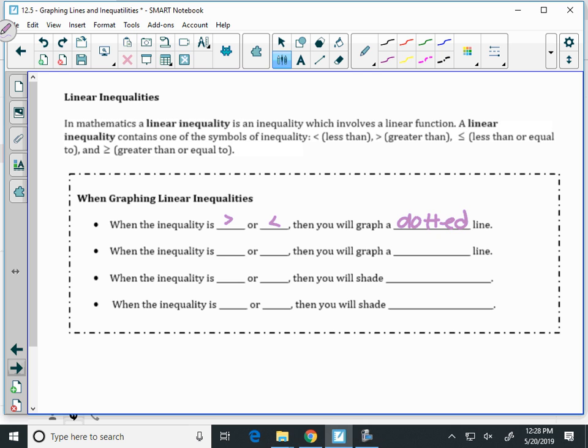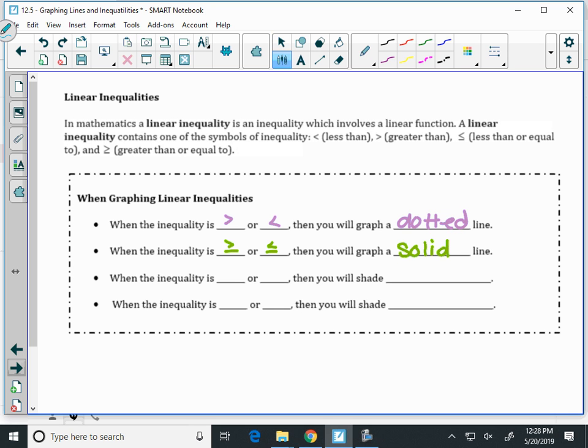If there is a line underneath your inequality, so it's greater than or equal to, or it's less than or equal to, what type of line are we going to graph? Solid. So no line underneath your inequality, it's a dotted line. Line underneath your inequality is a solid line.